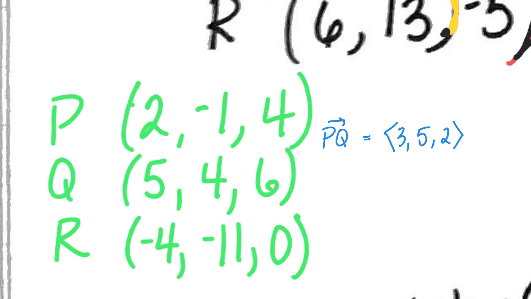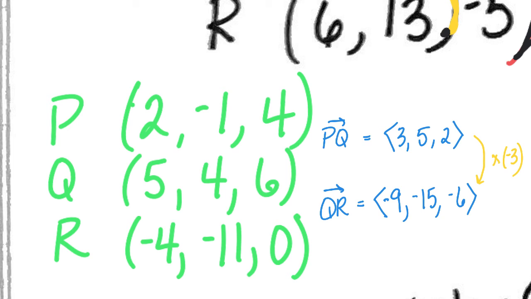And when I figured out QR, I got -9, -15, and -6. So as you can see, if I multiply this through by -3, I get this. So therefore they are parallel, and yes, they are collinear.